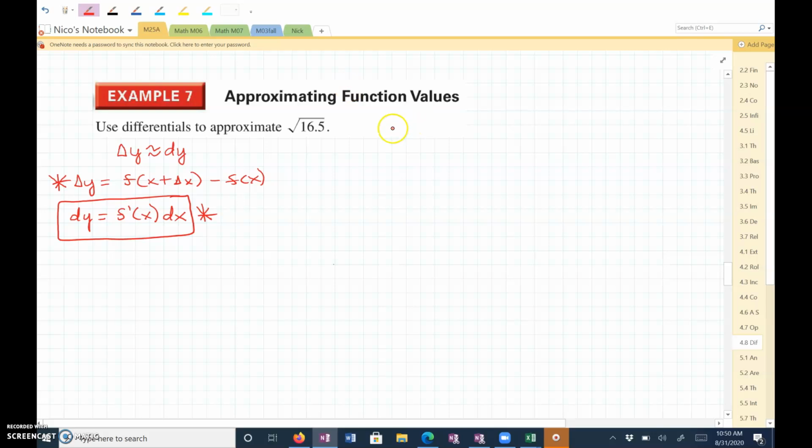Okay, so how we're going to do this, we're going to let f of x equal the square root of x, and let x equal 16, and delta x, or dx, equal 0.5.